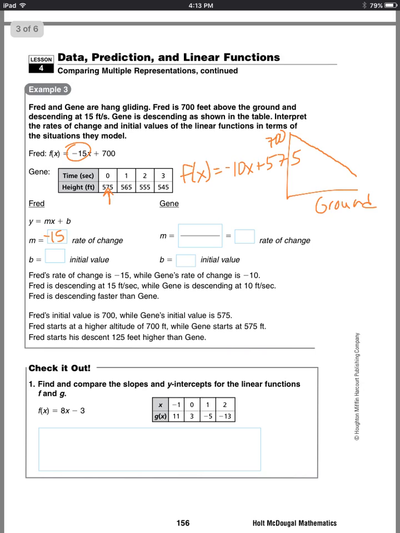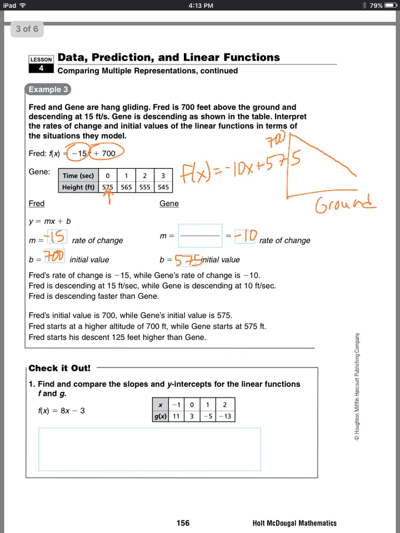And our initial value for Fred, we said he started at 700 feet. Now the same thing for Jean. The rate of change, we already know, looking at the heights, that he was decreasing by 10 feet each time. And we know that the initial value was where the time was 0, so his initial value is 575.